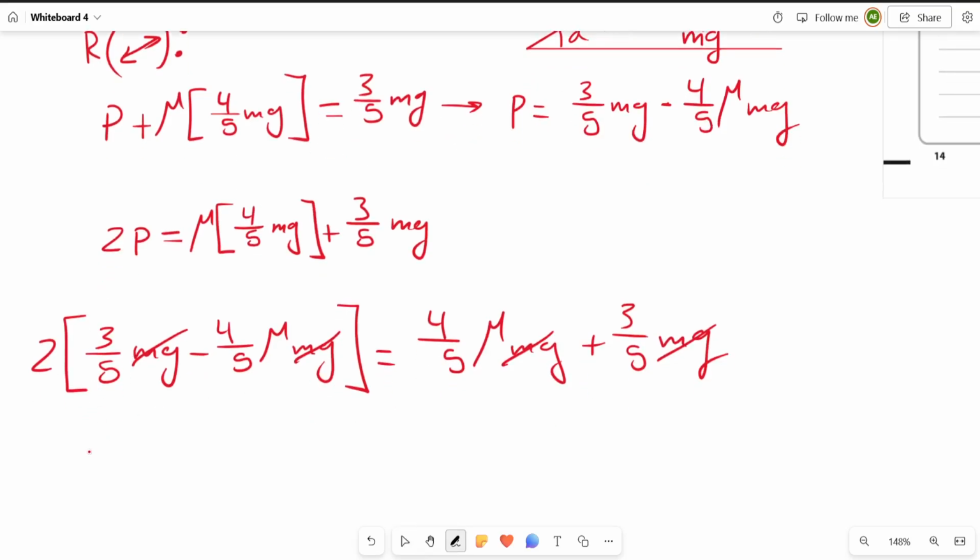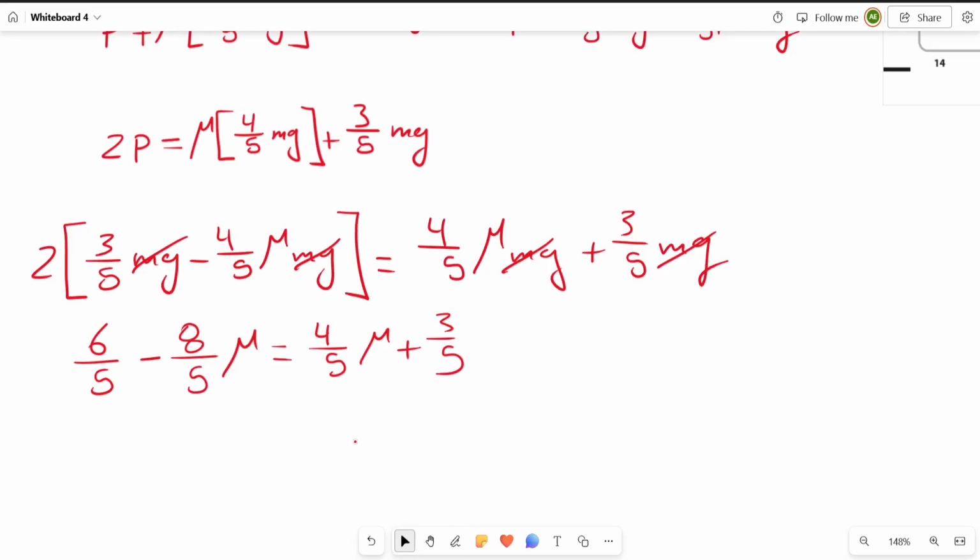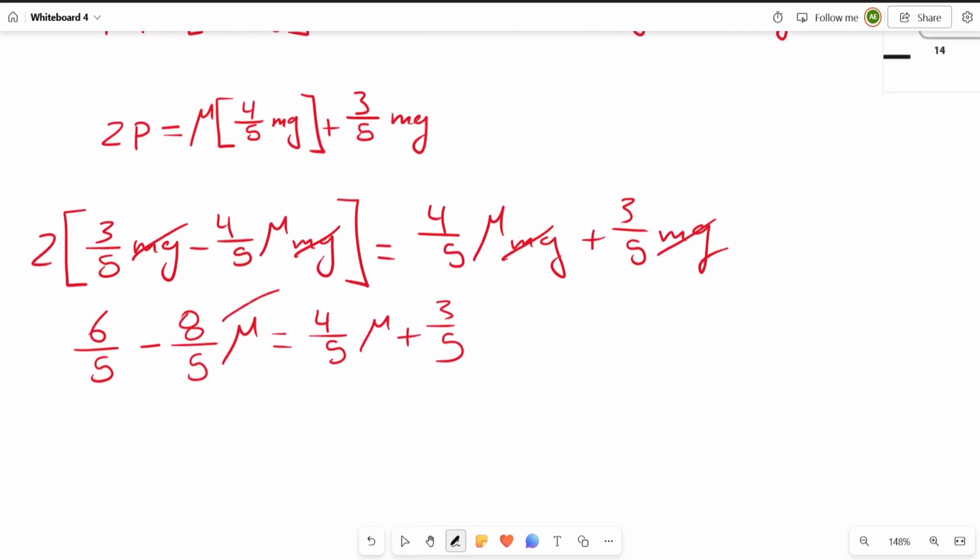And if I multiply this 2 inside, it's going to be 2 times 3 over 5, that's 6 over 5, minus 2 times 4 over 5 is going to be 8 over 5 mu, equal to 4 over 5 mu plus 3 over 5. So what I'm going to do is move this 8 over 5 to this side. It's going to become plus. And I'm going to move this 3 over 5 to this side to become minus.